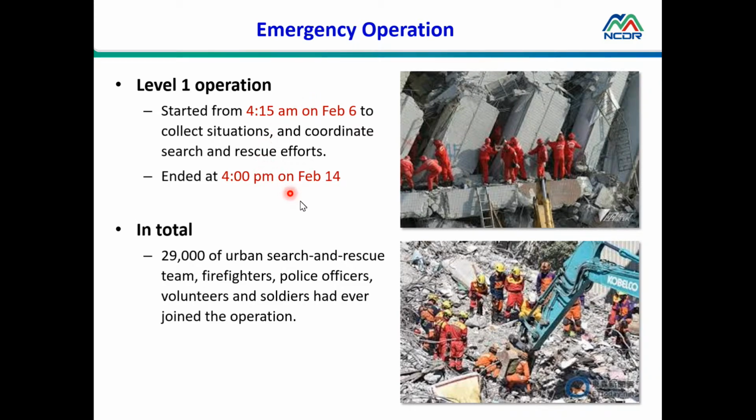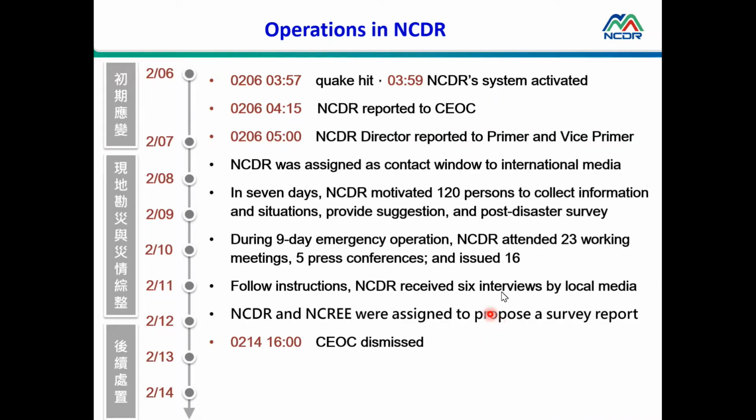It lasted about 9 days because we wanted to find all the victims from the debris. In total, we mobilized 29,000 urban search and rescue people to help those trapped underneath bricks and blocks.